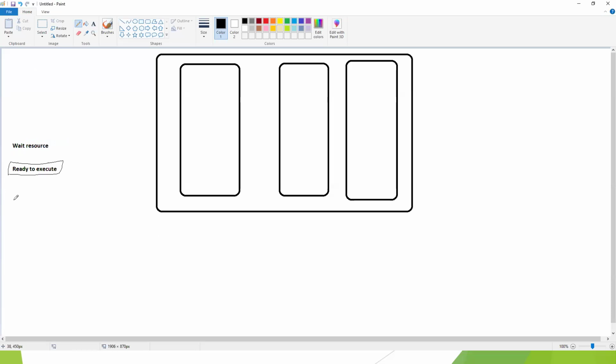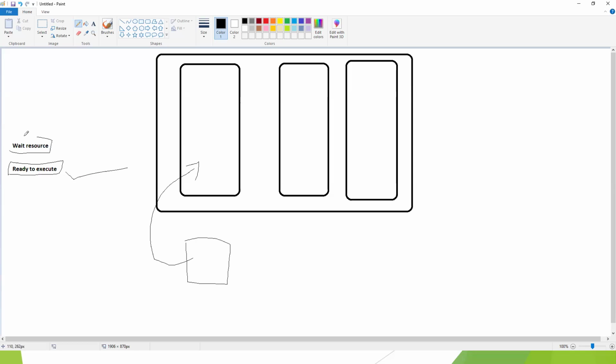It is just waiting for the thread currently executing on the CPU to give a signal to go ahead and execute. It is ready, waiting for a signal from the thread running on the CPU. That is what we call ready to execute.